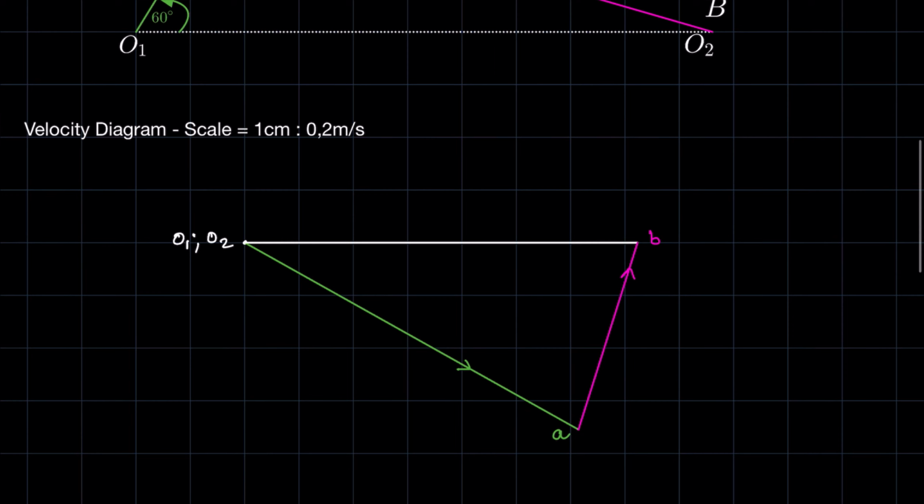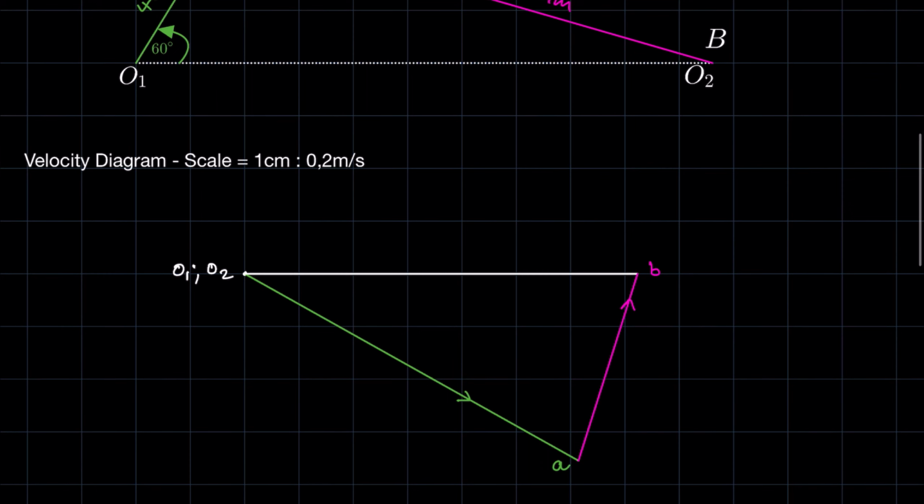And regarding the absolute velocity of B, VB being the absolute velocity means that B is the object. So the velocity of the slider, VB or VBO, will be in that direction, pointing towards the object or pointing away from the frame of reference. That's the easiest way of determining direction.